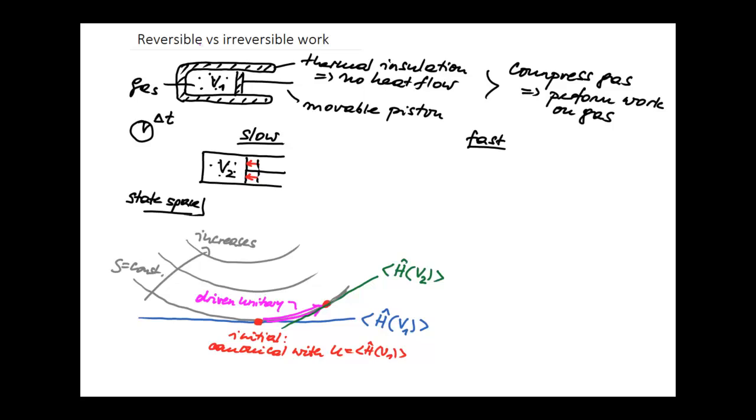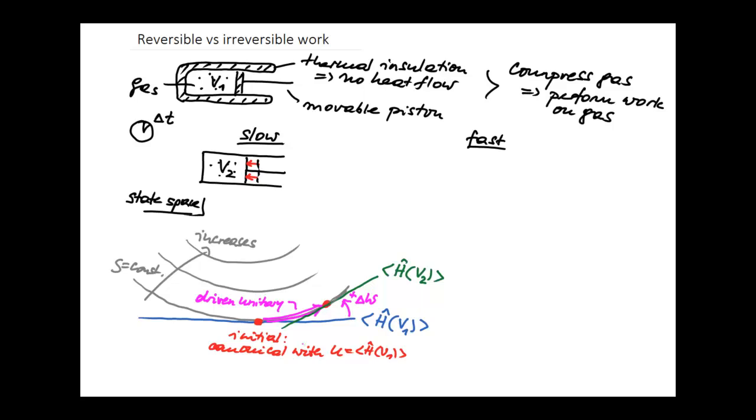And let me indicate this symbolically here by saying this is delta W. So by going from the blue horizontal line to the green line, we added work delta W. Okay, so the final state is now on this green line. It has this new internal energy, which is higher by an amount delta W.